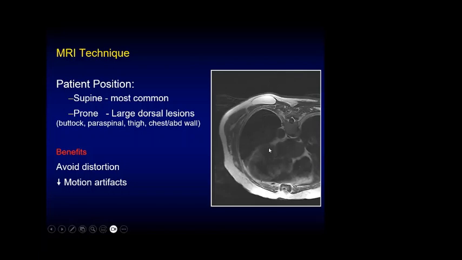In this situation, you would need to image the patient in a prone position, because if you image the patient in a supine position, you will distort the mass when you detect it, characterize it, or even do local staging on it. This is an example of how tumor location may affect your MRI technique and patient positioning in the MRI scanner.